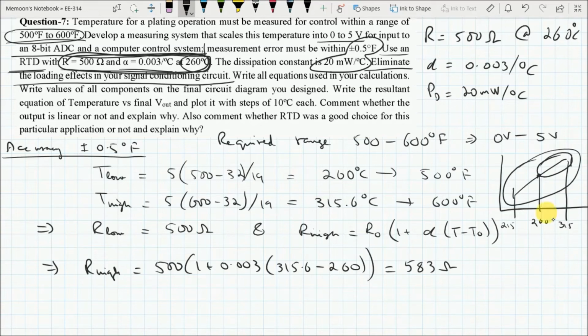Why we choose the middle point as the RT naught for the linear approximation is to keep the range as small as possible. So ideally we should have chosen this point as the middle value, and we should have taken linear approximation in this range only. Smaller the range, more accurate the linear approximation is. Larger the range, less accurate the linear approximation is.